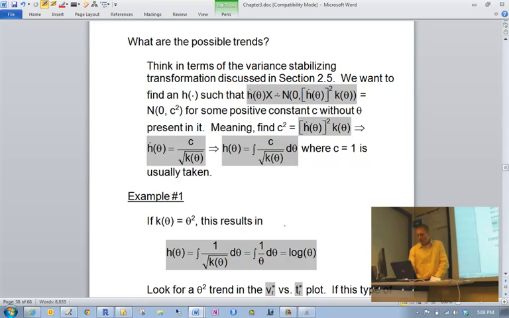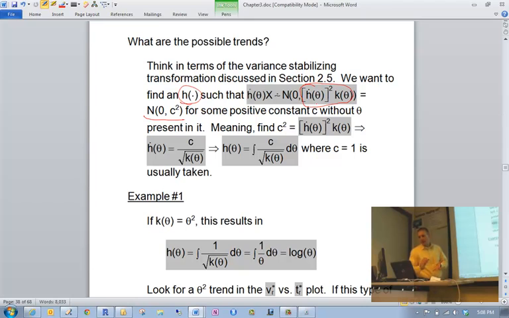What we wanted to do was find some kind of transformation, some kind of function, h, such that the first derivative of h, evaluated at theta, times x, leads you to having an approximate normal distribution with a mean of 0 and variance that is a constant, c squared. In other words, we want this h to allow us to basically cancel out what the variance of x itself, k of theta, is. What I mean by cancel out, I mean remove theta from the line.